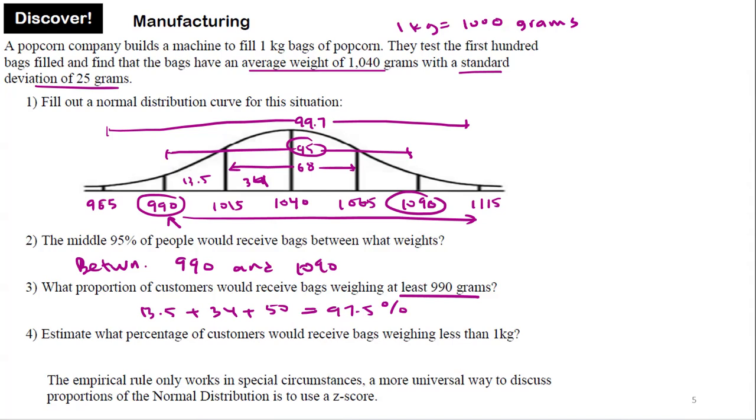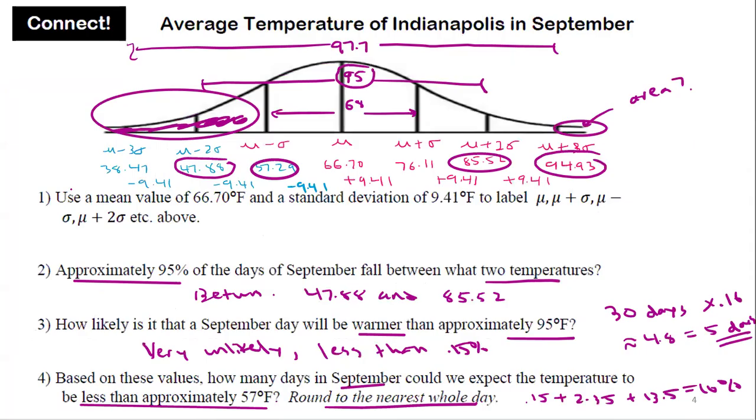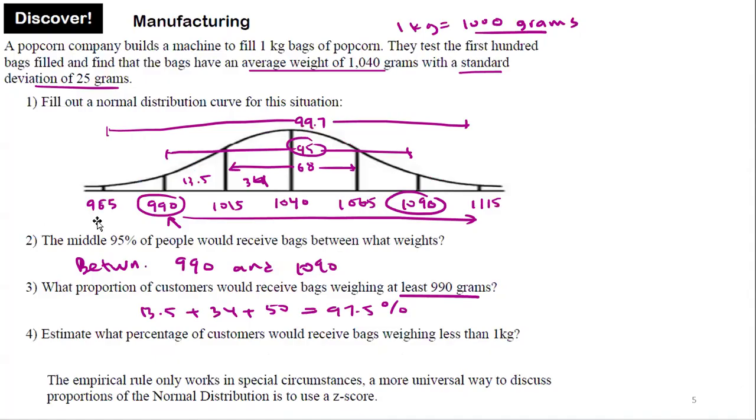And then the last one, estimate what percentage of customers receive bags weighing less than 1 kilogram. So 1 kilogram is 1,000 grams. The closest that we have is 1015, because 990 is too low. So 1015 is our closest one. So part of the 13.5% and everything here, all these three areas.